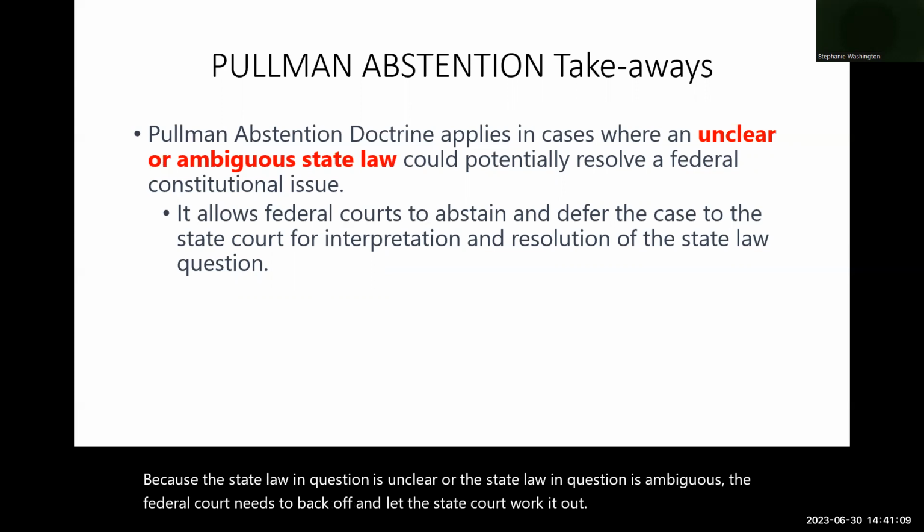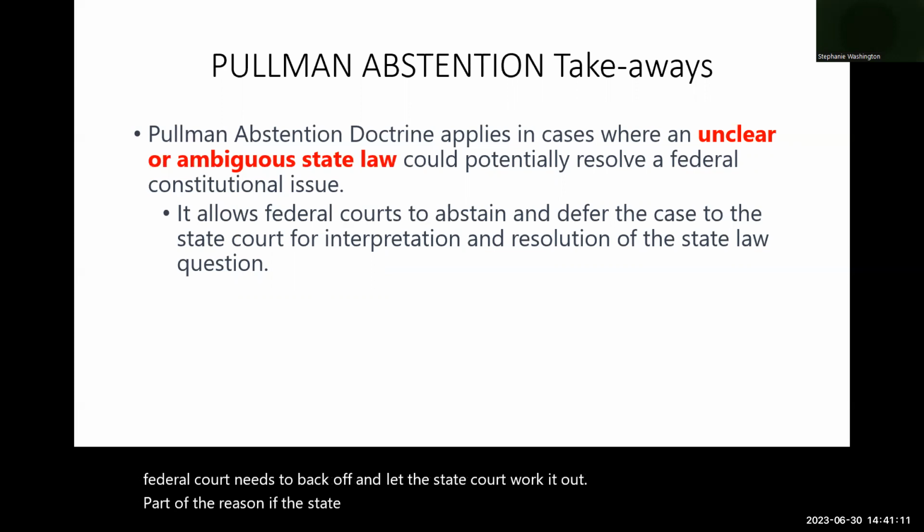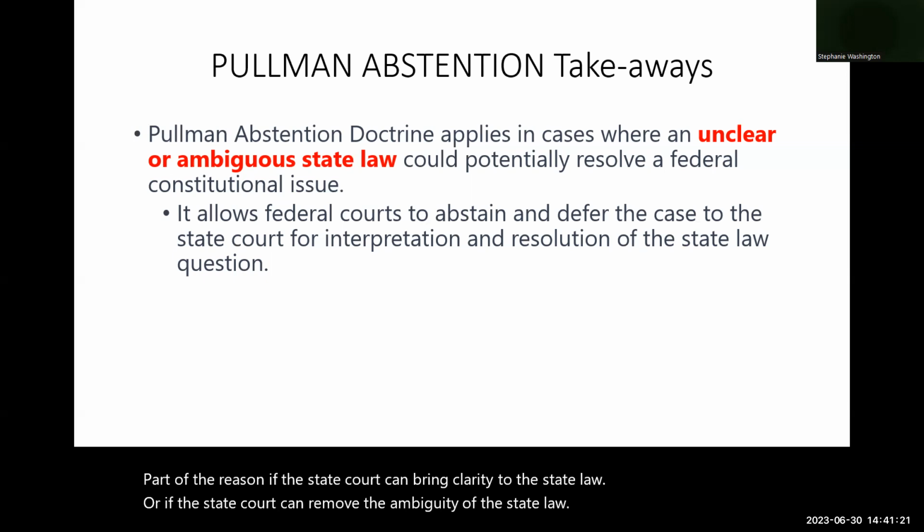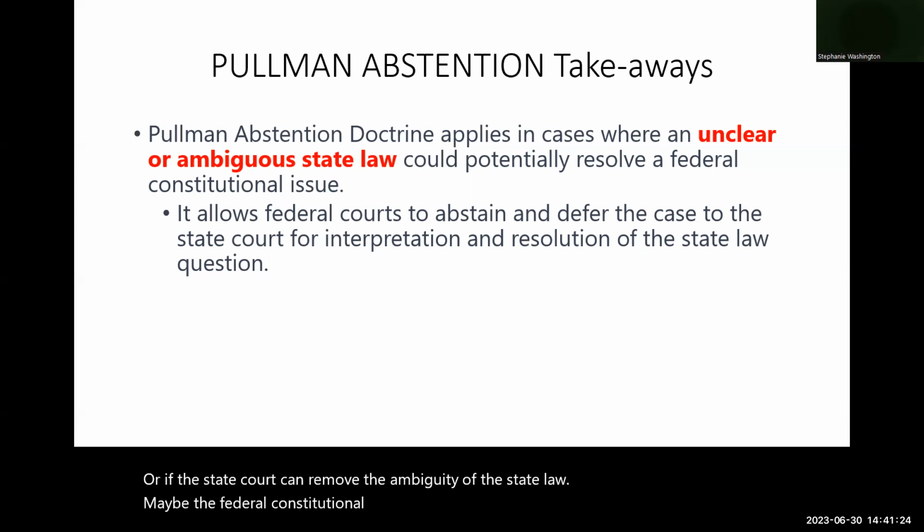Part of the reason, if the state court can bring clarity to the state law, or if the state court can remove the ambiguity of the state law, maybe the federal constitutional issue is resolved. Everybody's happy. I pause. What do you think about that?